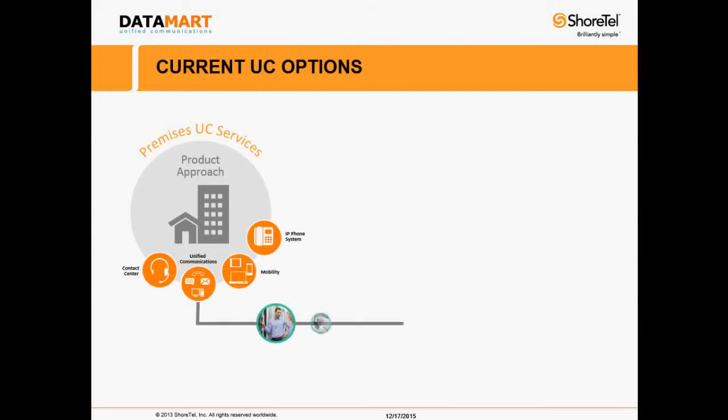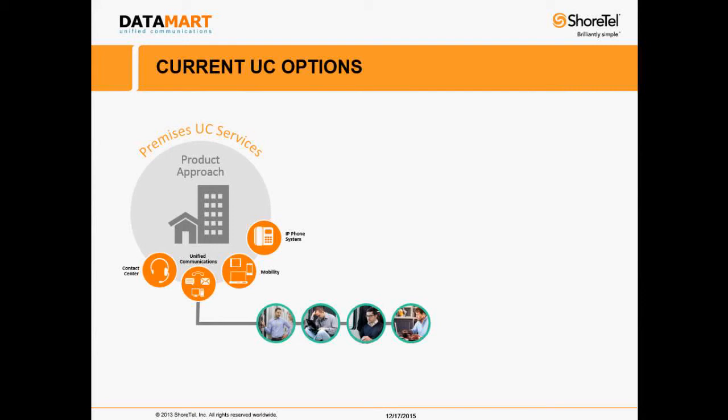Now that we've covered that, let's take a look at the current UC options that are in the marketplace. So we're not going to get into specific brands versus other brands in this webinar. We're just going to talk about an overview in terms of the types of systems that are out there.